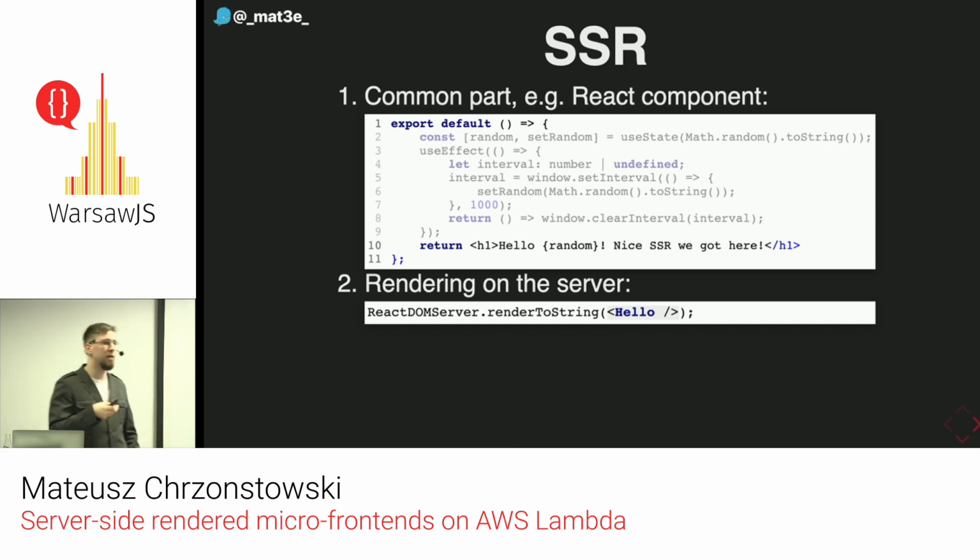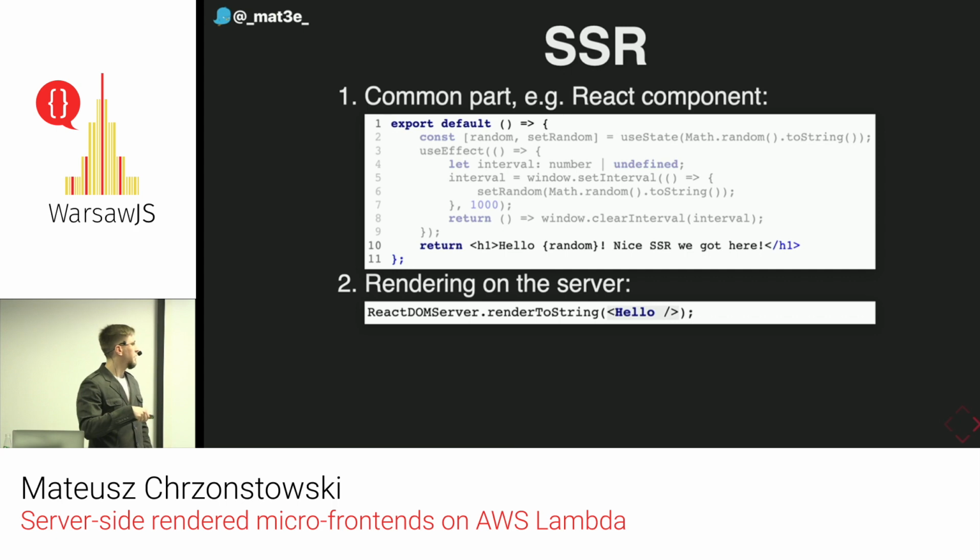This is not React DOM, but React DOM server, an additional part of this package. It has an exported function like renderToString. Then we can use this component, and it will create an initial HTML content on the server, and we will be able to send this content to the browser.